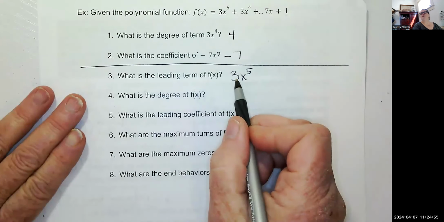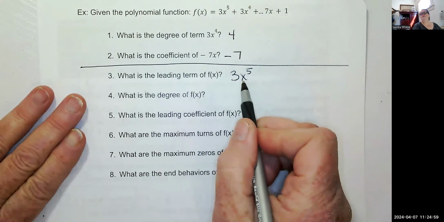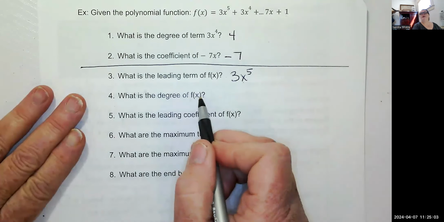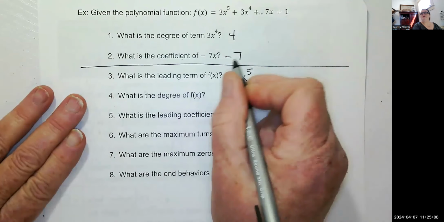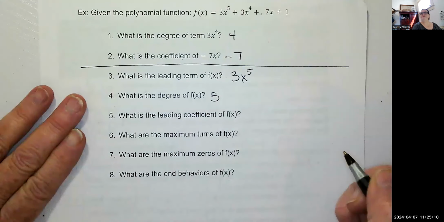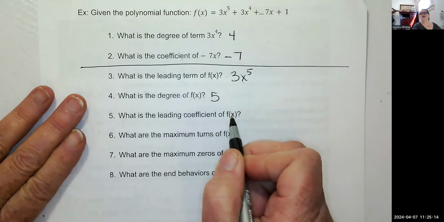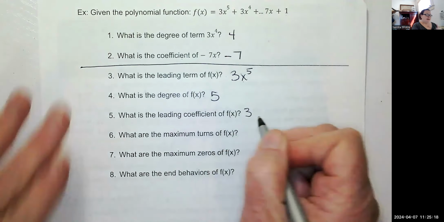It includes the coefficient, a sign if there is one, and then the power with the variable. What is the degree of f of x? The degree is the highest exponent, which you can find by using your leading term, and that is 5. What is the leading coefficient of f of x? Again, you're going to use your leading term to find this answer, and it is 3.